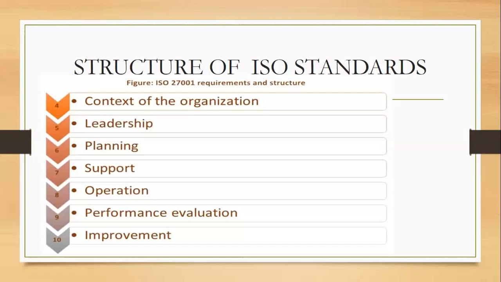Like I always joke in class, it should have actually been PDCI: plan, do, check, improve. But the guy did not like that sound, so it's PDCA. The act of the Deming Circle is mapped to improvement. Don't forget: plan is mapped to clauses 4, 5, 6, 7; do is mapped to 8; check is mapped to 9; and act is mapped to 10.